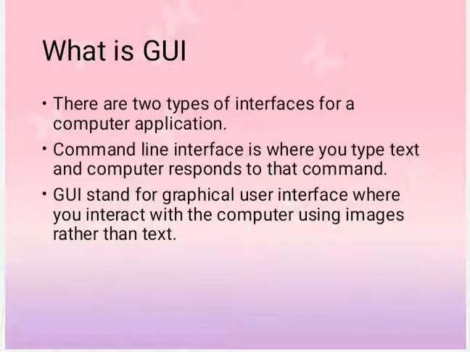What is GUI? There are two types of interfaces for a computer application. Command line interface is where you type text and the computer responds to that command. GUI stands for graphical user interface, where you interact with the computer using images rather than text.